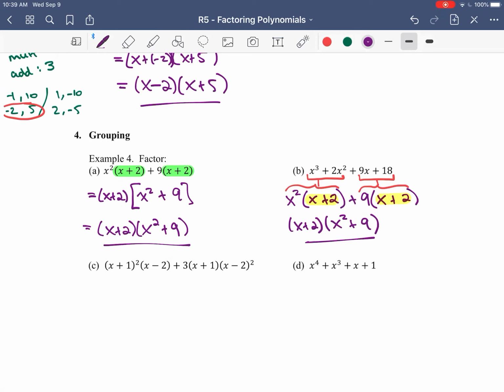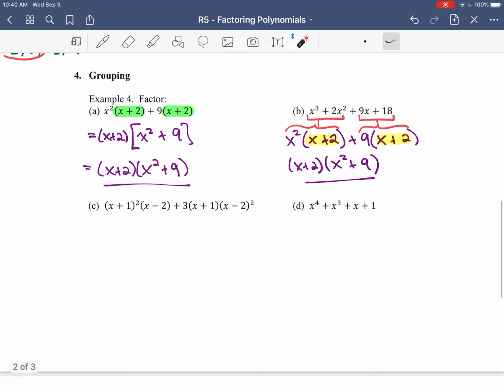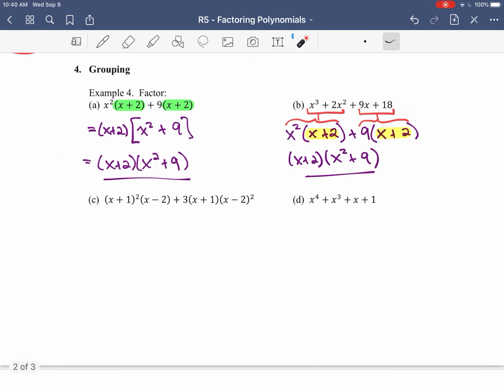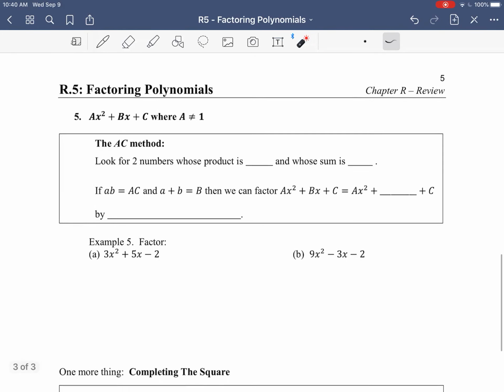In fact, this polynomial here is the expanded version of that. Notice what we had here is exactly what we had there. This is what we call factor by grouping. I'm going to leave C and D for you to try. So try those two methods.